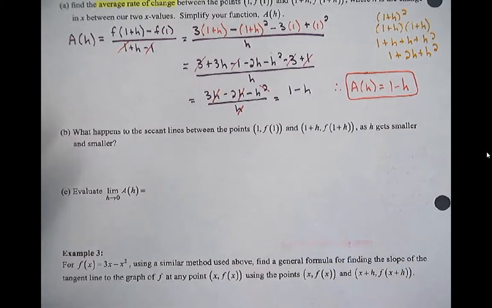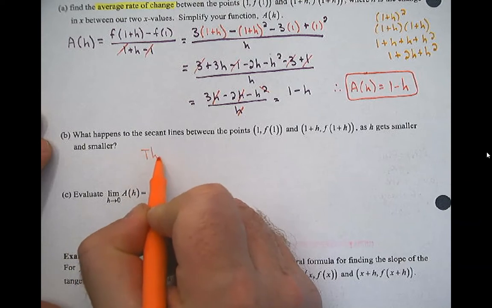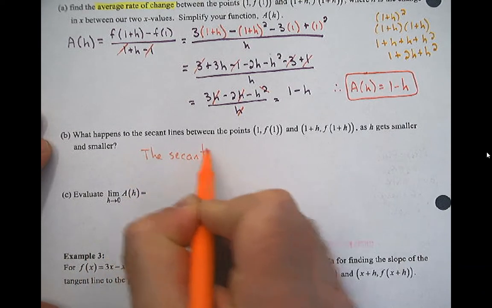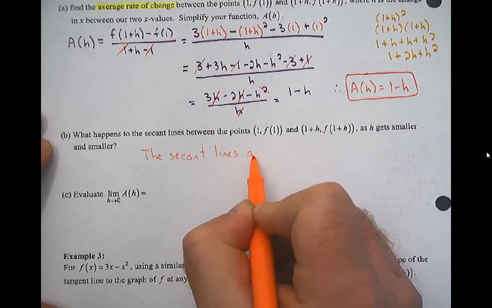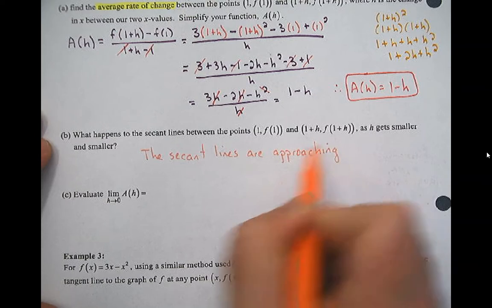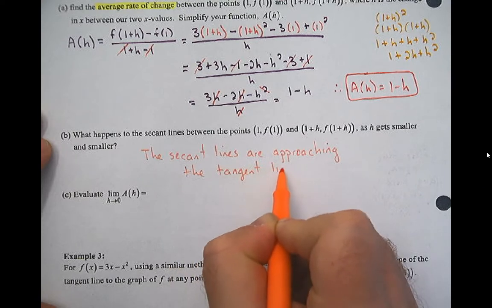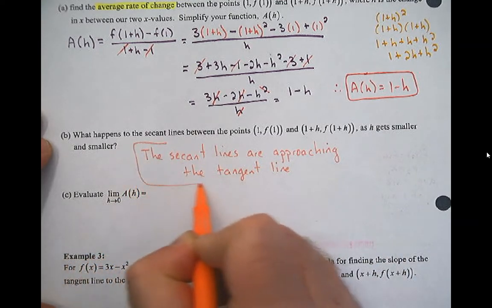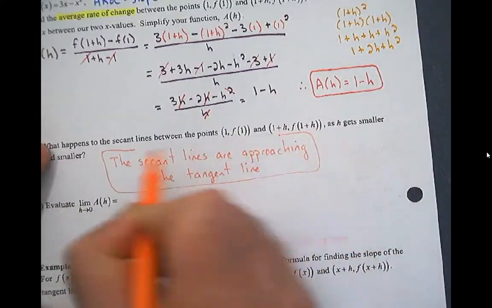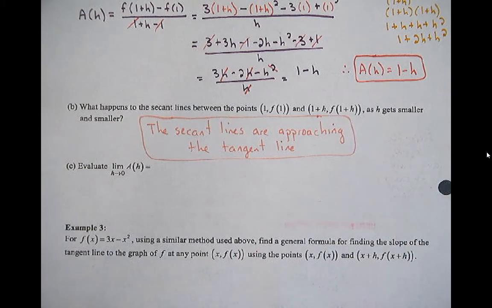The secant lines are approaching the tangent line. So the secant lines are getting closer and closer to becoming the tangent line. So then what we do is we evaluate that final distance.